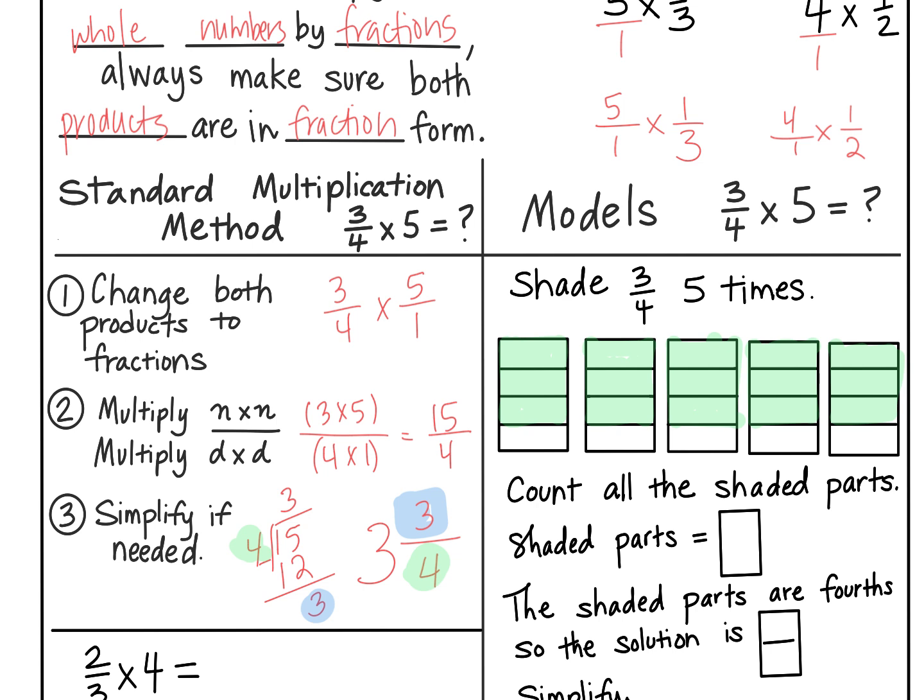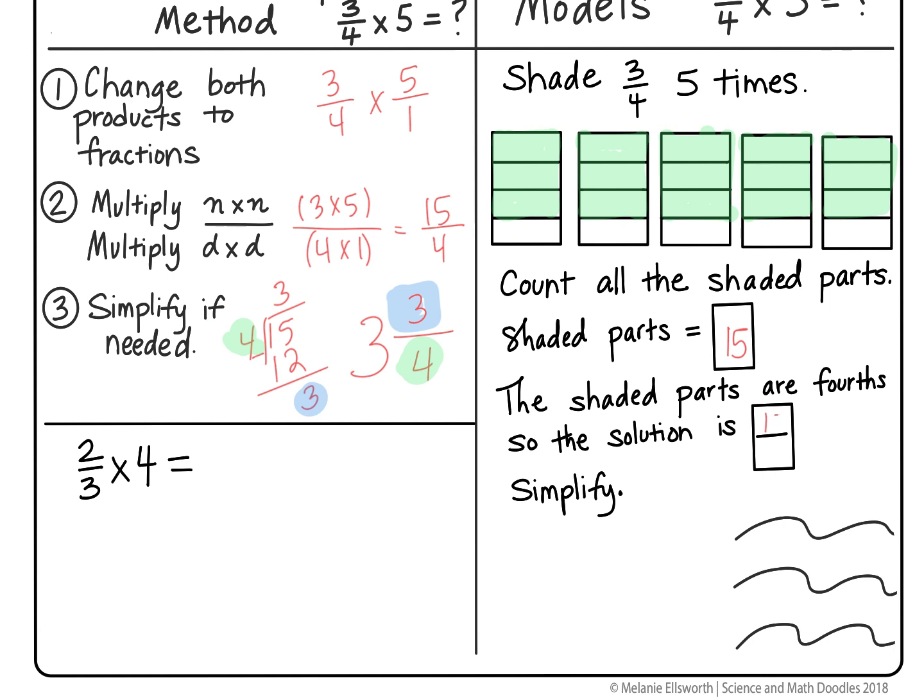Now when I'm trying to figure out the product with a model like this, once you are modeling 3/4 5 different times, you're going to count all of the shaded parts. How many shaded parts do I have? I have 15. So there are 15 shaded parts out of 4 of the original, because all of these models are broken into fourths. So 4 is my denominator, but I have 15 fourths, and I'm still going to simplify it, and it's still going to be 3 3/4, just like how I did a minute ago.